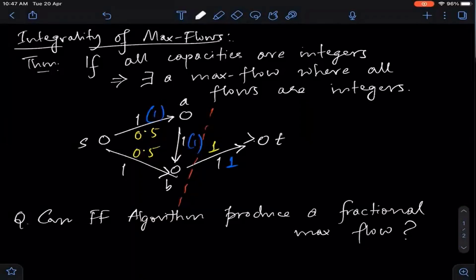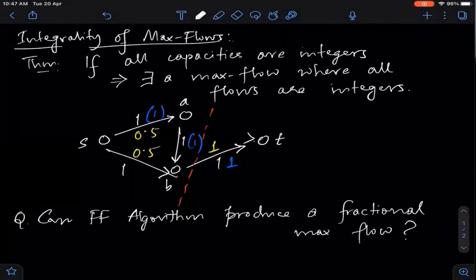At the beginning, everything is an integer because I am just pushing zero flow from S to T. Now, by induction, suppose in any iteration the current flow is an integer. If the current flow is an integer and all the capacities are integers, then the flow I push in the next iteration is also going to be an integral flow. There is no way that Ford-Fulkerson can push a fractional flow in any of its iterations.